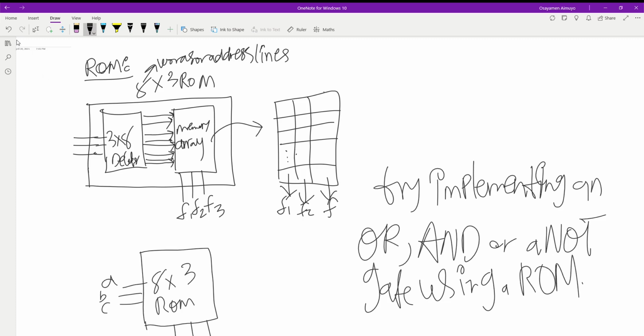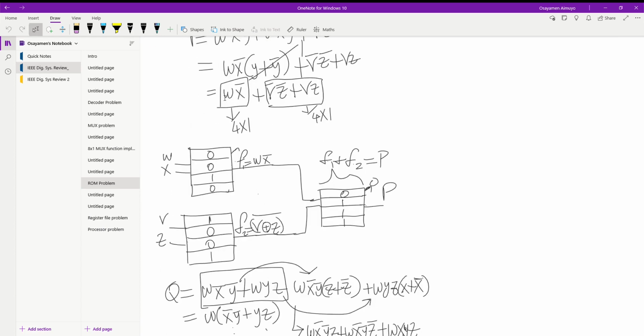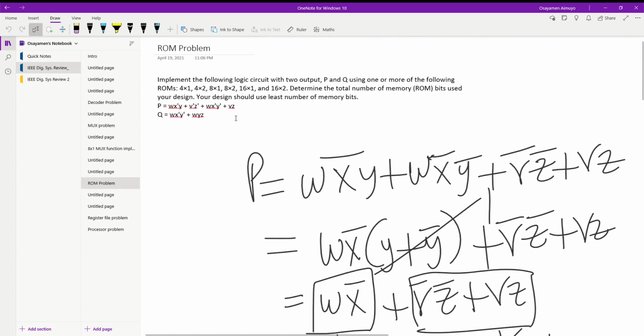Try that as an exercise. Okay, let me get a ROM problem, because the best way to understand concepts is through problems.